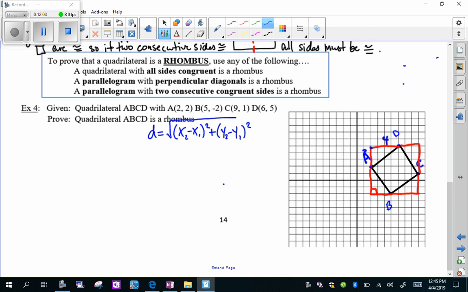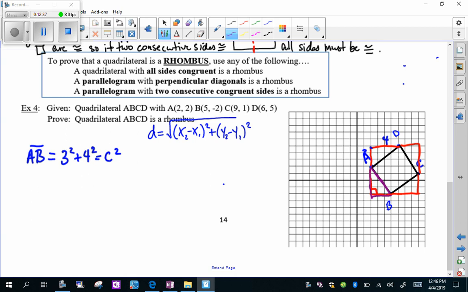All right, so for side AB, I just counted that. It's going to be 3 squared plus 4 squared equals c squared. Again, just in case you're having difficulties, this is a right triangle, and side AB is the hypotenuse.